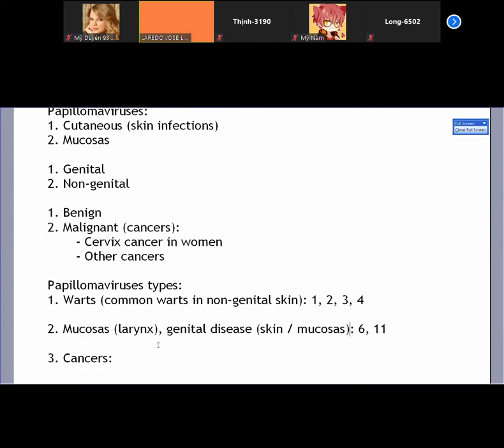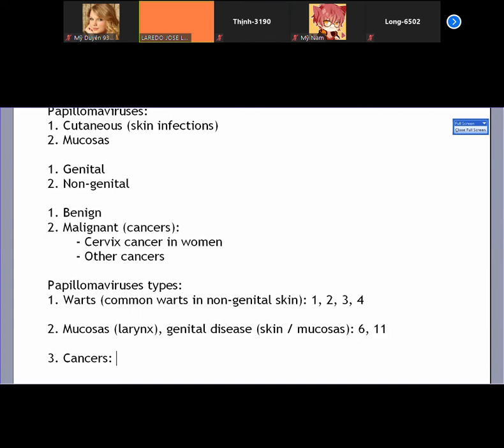So the genital disease, not cancer, in the skin or in mucosas is mostly caused by type 6 and type 11. The disease in other mucosas, for example, in the larynx, is also caused by 6 and 11.